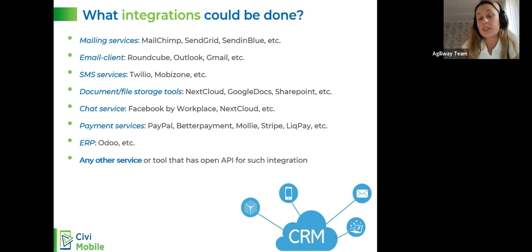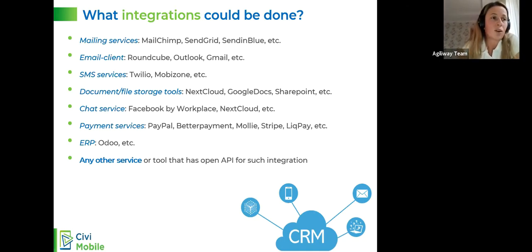Okay, so what integrations could be done? It's not the whole list, to be honest. I tried to remember what we have done, and there are a lot of different others, but this is an example for you. Mailing services: a lot of clients wanted integrations between CiviCRM and MailChimp.